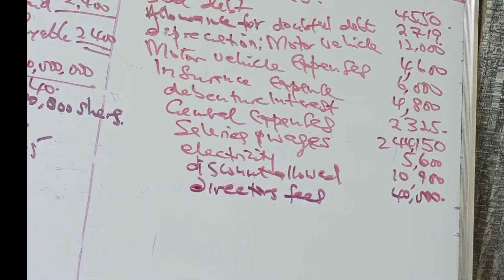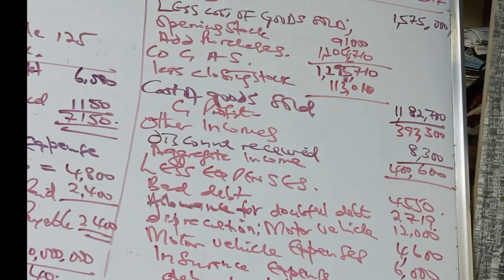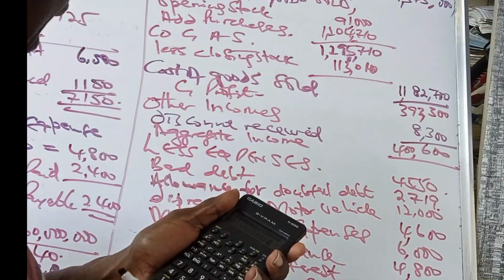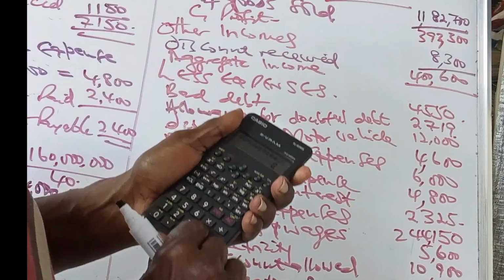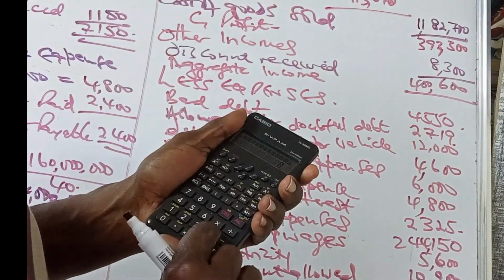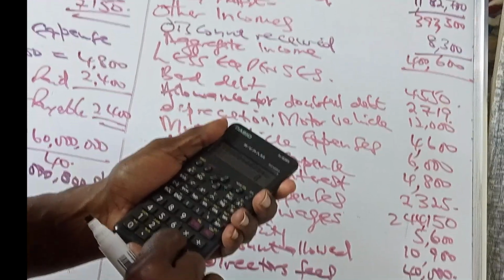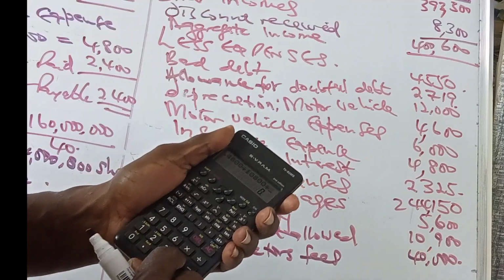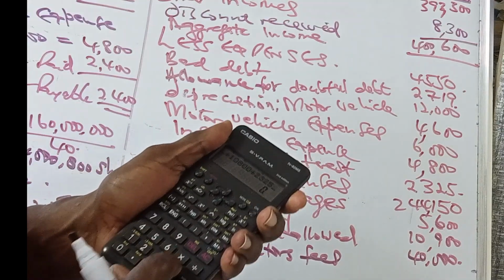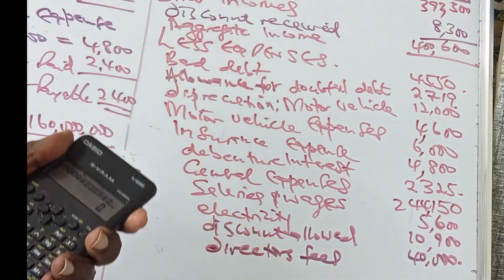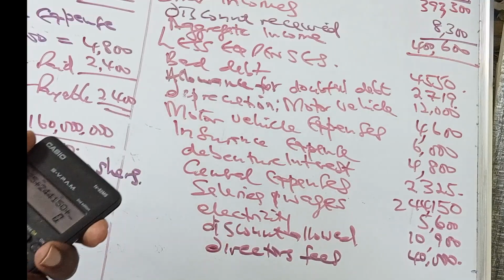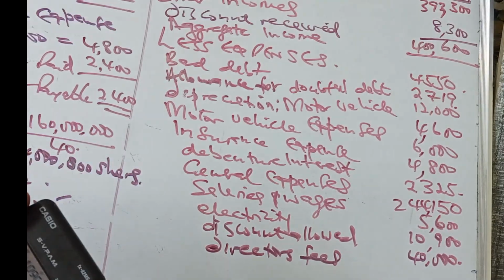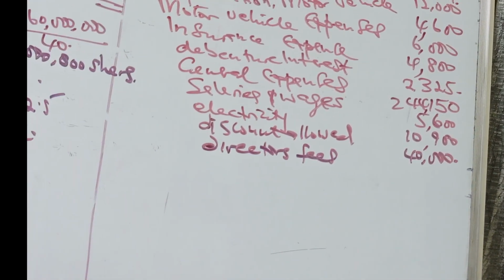So we try to add them up to find out whether we are moving well. So we get 4550 plus 2719 plus 12,000, 12,123 plus 4,600 plus 6,800 plus 2325 plus 244,150 plus 5,600 plus 10,900 plus 40,123.